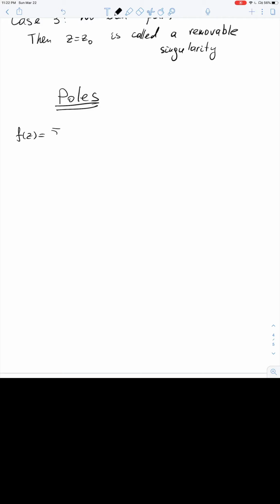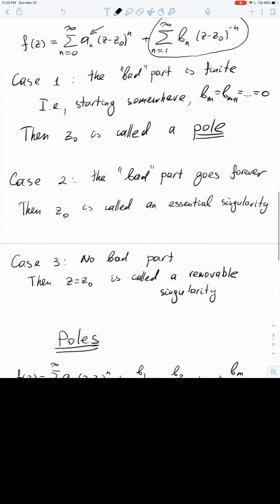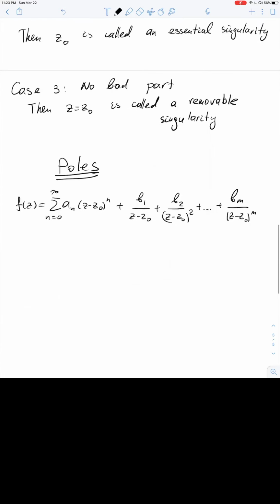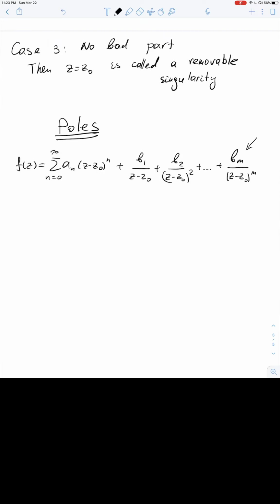Well, it means that f has the good part, the Taylor part, and then we have b1 over z minus z0 plus b2 over (z minus z0) squared plus etc., and we go all the way to power m, and then it stops. I should confess that right here I assume that it stops at b_m, but whatever. If this term here is 0, then it doesn't hurt to write it.